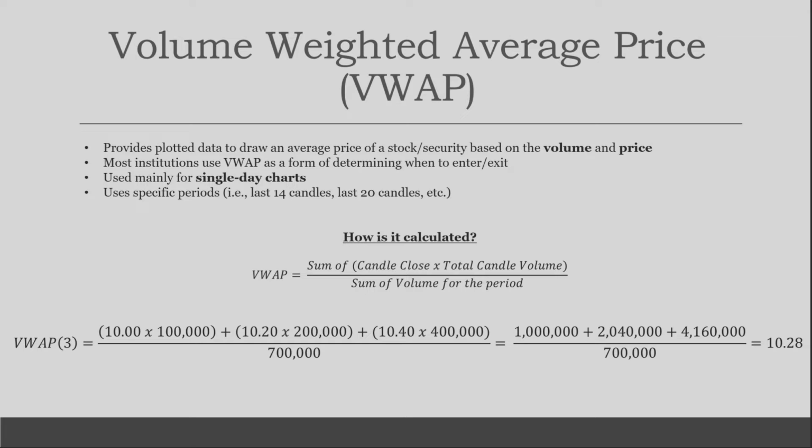Most institutions use VWAP as a form of determining when to enter or exit a stock or security. In most cases, institutions will buy under the VWAP and sell above the VWAP.